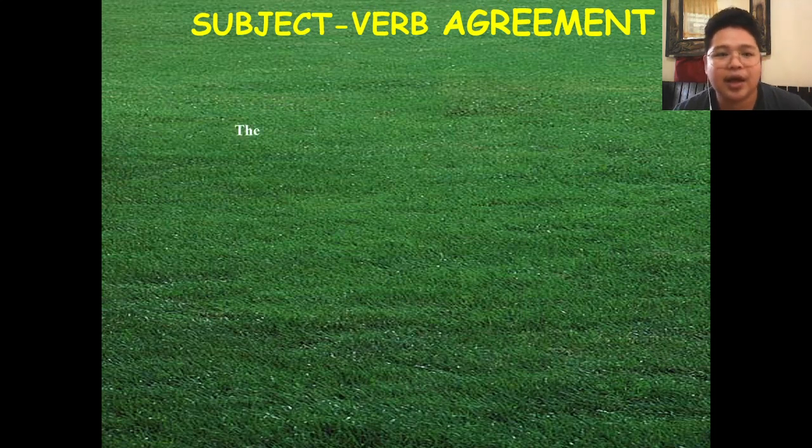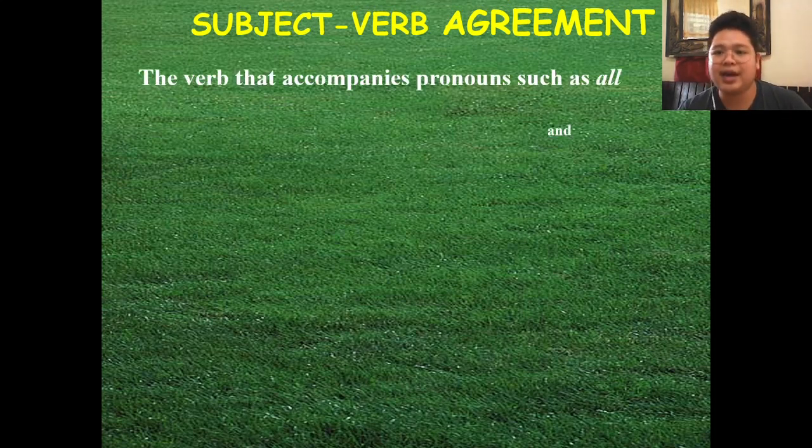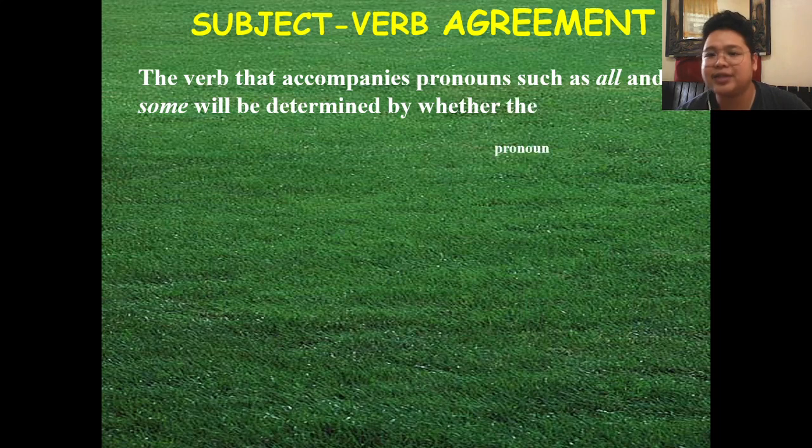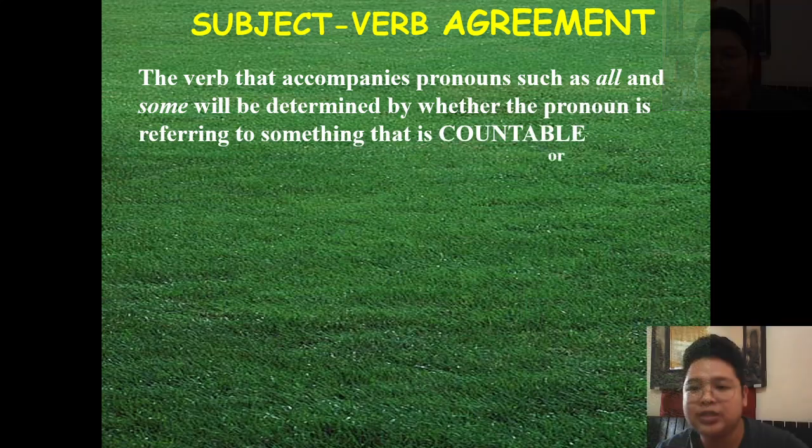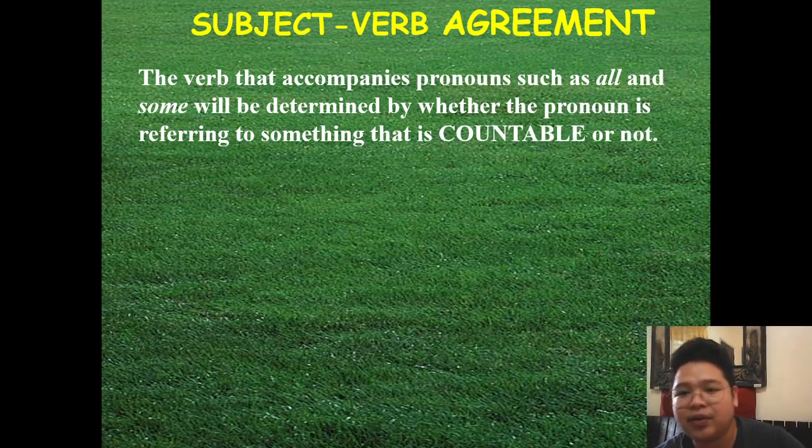Okay. So next, the verb that accompanies pronouns such as all and some will be determined by whether the noun is referring to something that is countable or not. So remember, mass nouns and count nouns. These are very important discussions that you should have learned in the first grading, especially when you were still in grade 4.